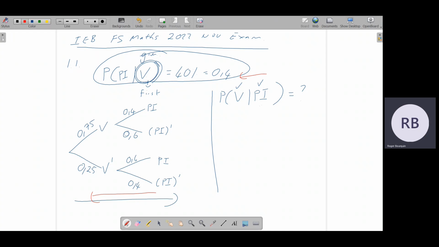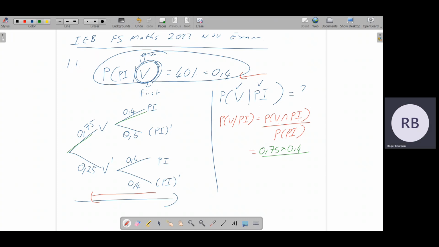In that case, with conditional probability, we're going to have to use a formula. We want to work out the probability of V given PI, which is equal to the probability of V and PI over the probability that you had a previous infection. Sometimes in the question they'll give you the denominator. In this case, they don't. The probability of vaccinated and a previous infection is over there, so it's 0.75 times 0.4.